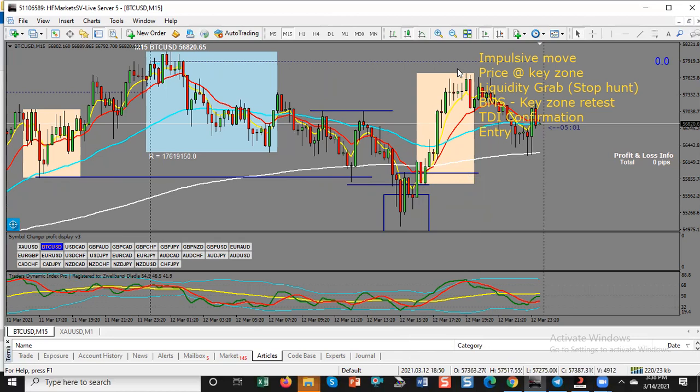I would also advise you, if you can pick out of these two entry types, you can stick to one and forget about the other. Or you can choose some pairs that will give you either the first type of entry or the second type of entry. There are some pairs that always give one type of entry pattern, and stick to those pairs.